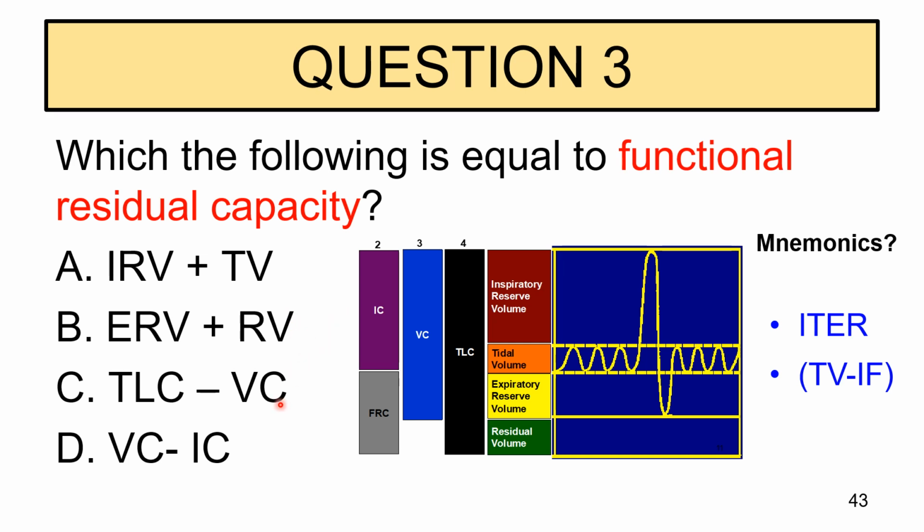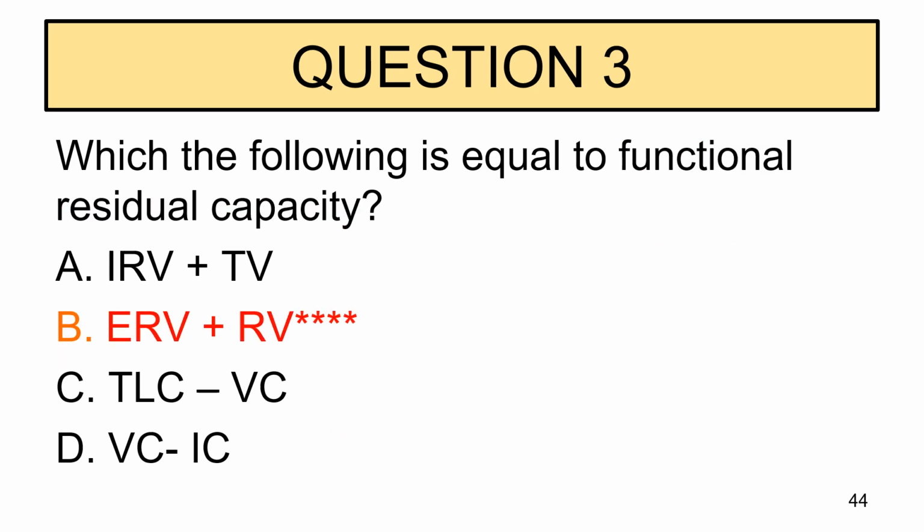TLC minus vital capacity, so it's residual volume, this is false. VC minus IC, so that is ERV, this is false. So the correct answer is B, functional residual capacity is equal to ERV plus RV.